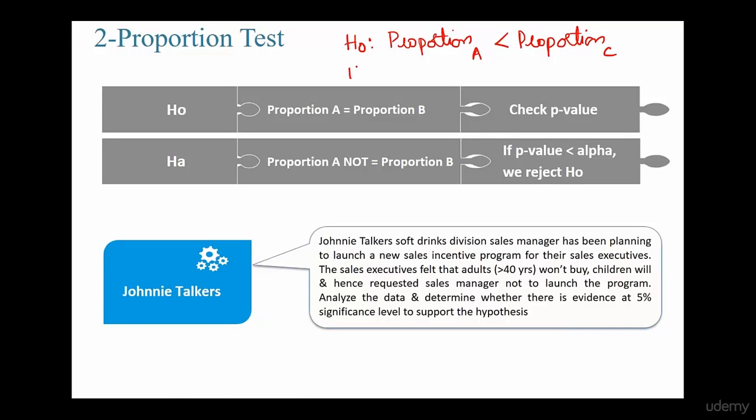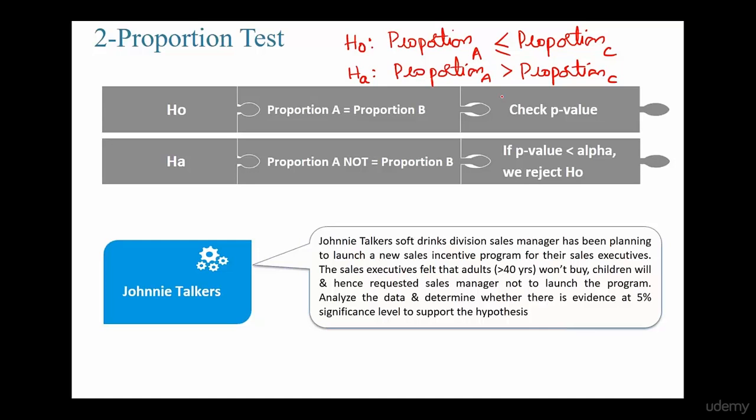And when it comes to the alternate hypothesis, you have to write it in this way: proportion of adults purchasing is greater than proportion of children purchasing. So the equal to sign should always be with your null hypothesis. Just remember that. Okay.